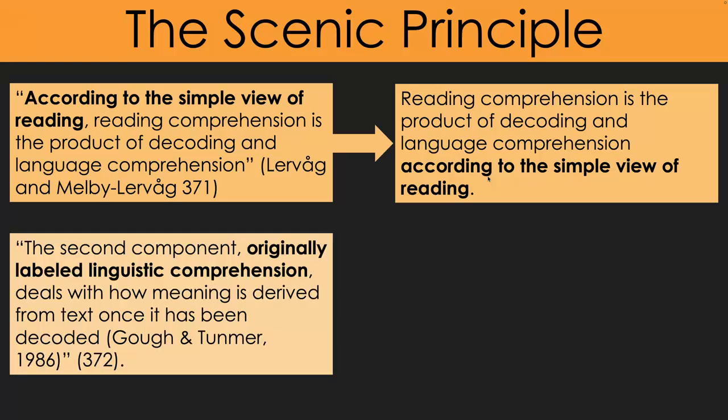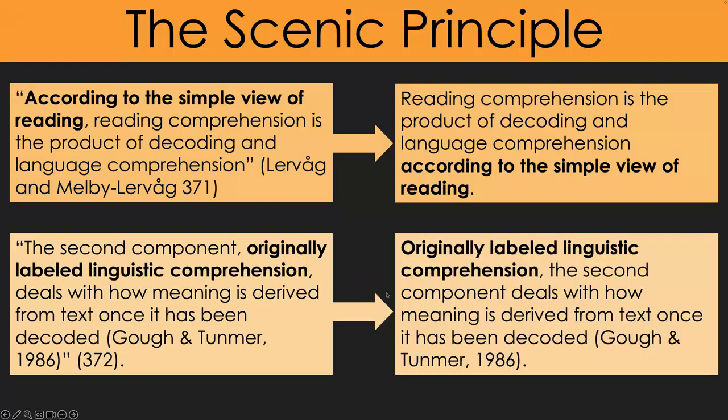You can also see it in another sentence, maybe a little bit more complicated. The second component, originally labeled linguistic comprehension, stuck in the middle, and you can see, because it's in the middle, we're putting it off with commas, deals with how meaning is derived from text once it has been decoded. So again, we can take this movable text and we can move it to the beginning.